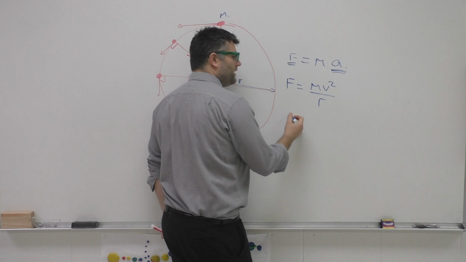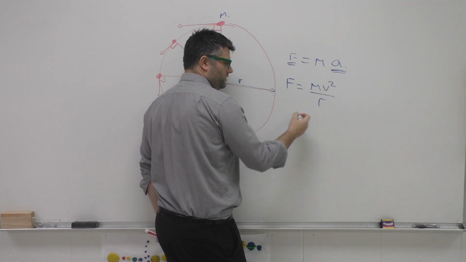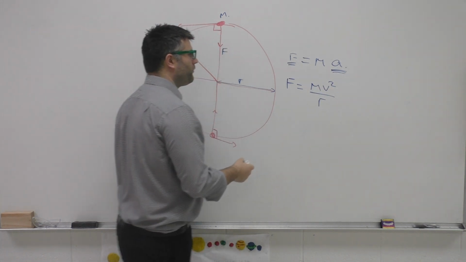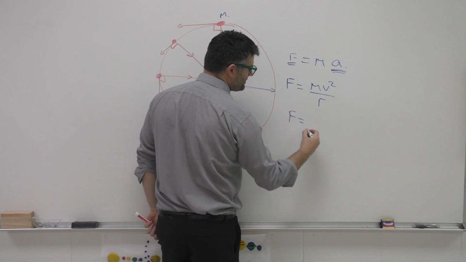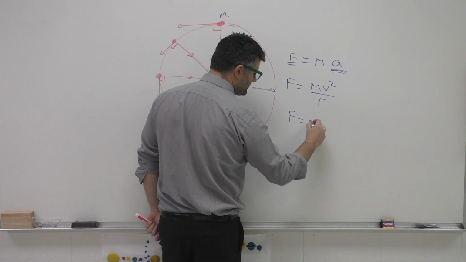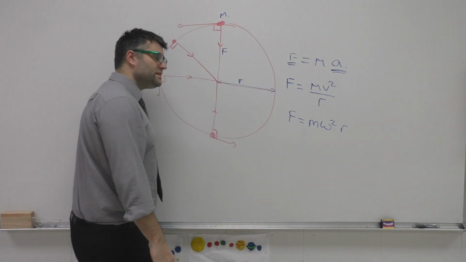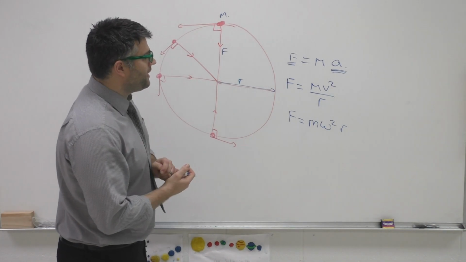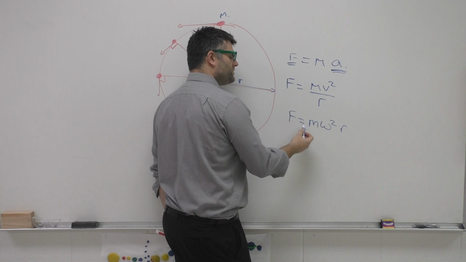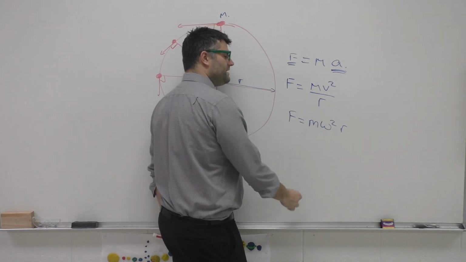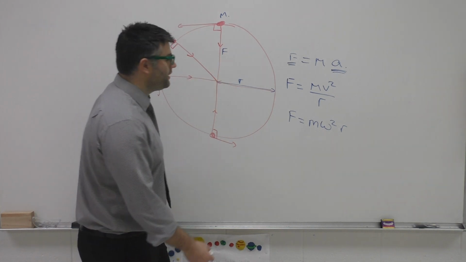As you may remember from last video, there is another term for motion in a circle, and that's omega. The equation for centripetal force with omega is m omega squared r. Force is equal to mv squared over r, force is equal to m omega squared r. These are both one and the same centripetal force, the force acting at right angles to the motion along here.